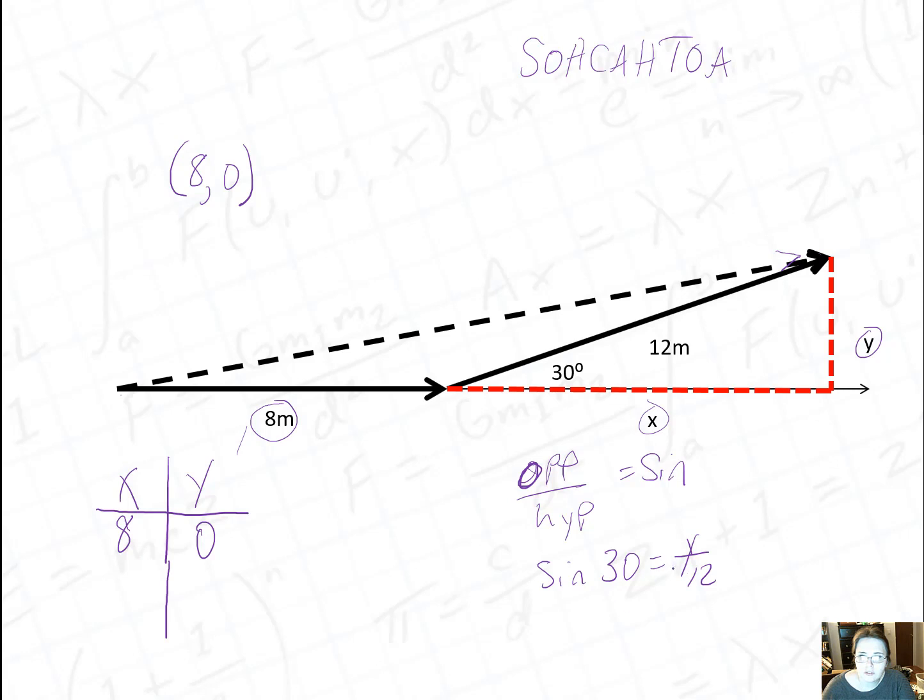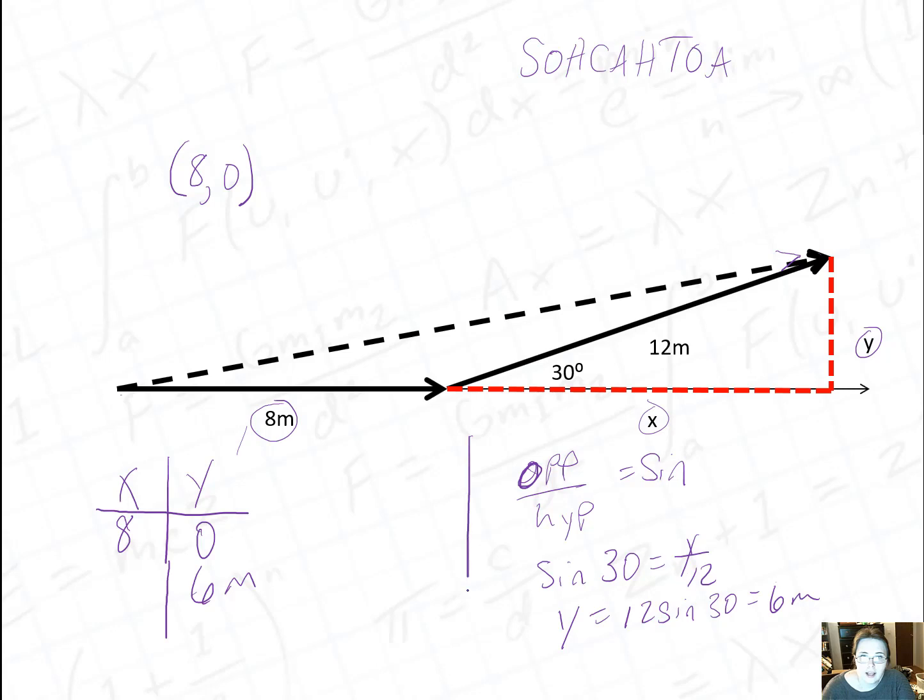Then we can solve for y, and we get y is equal to 12 sine 30. When we plug this into our calculator, we get 6 meters. This is 6. And we can put that on the y side because it's the y part of this one. And we want to add all the y's and we want to add all the x's together.